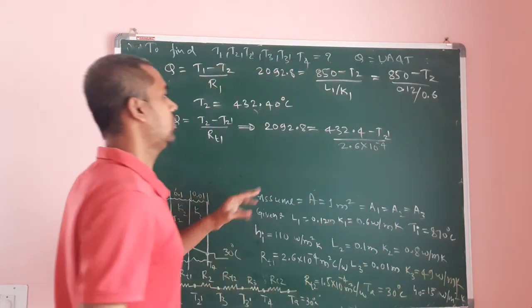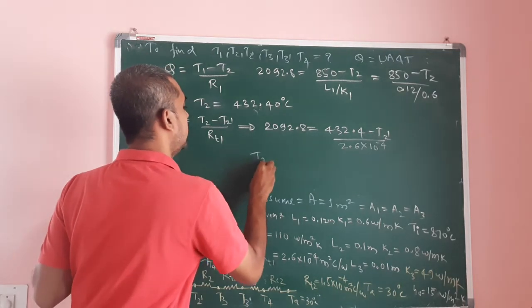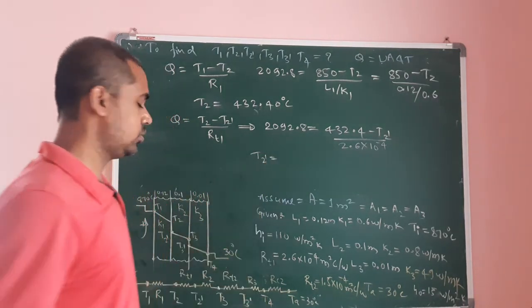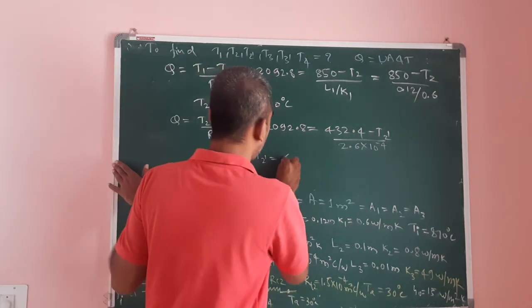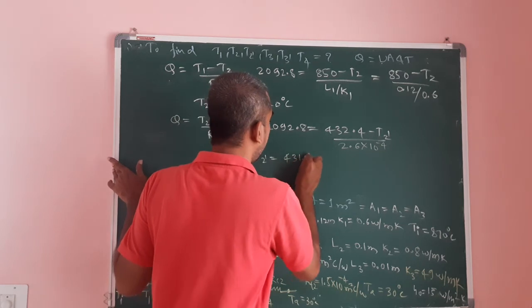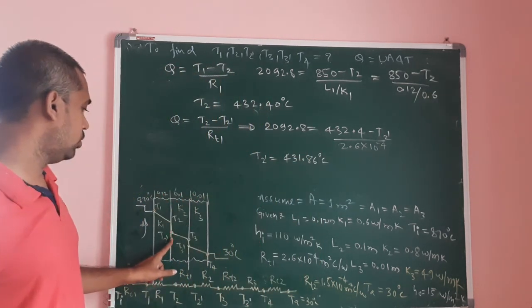If you simplify this, you will get T2 dash as 431.86 degrees Celsius.